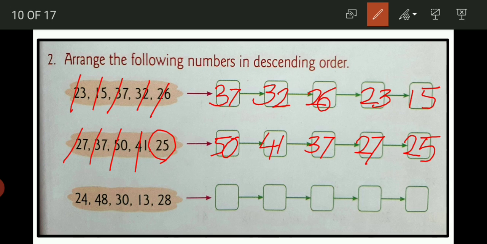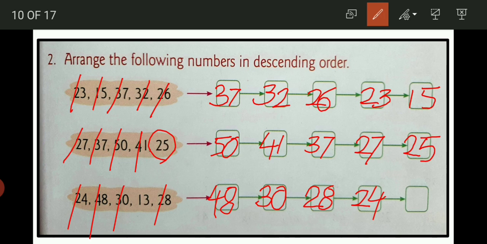Come to the next set of numbers. In the last set of numbers, which is the biggest one? That is 48. Then 30. Next 28. Then is 24. And the smallest number is 13. Okay?